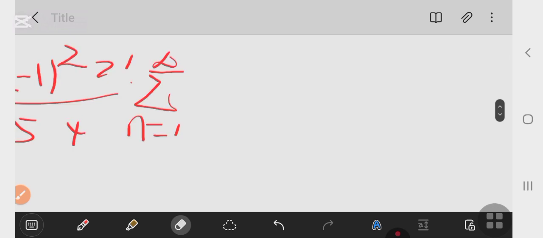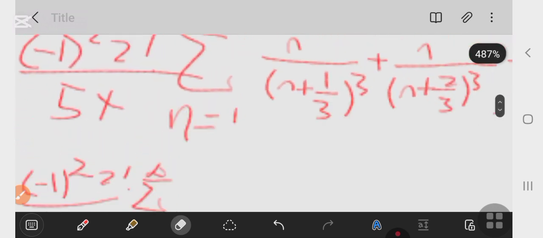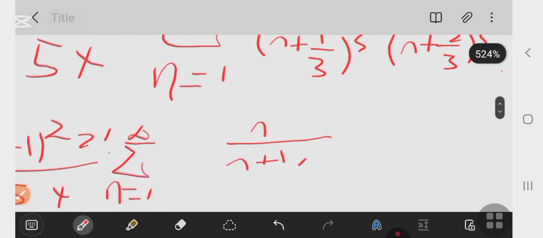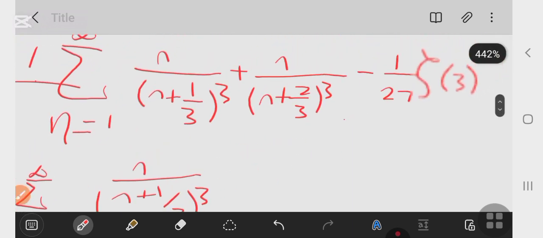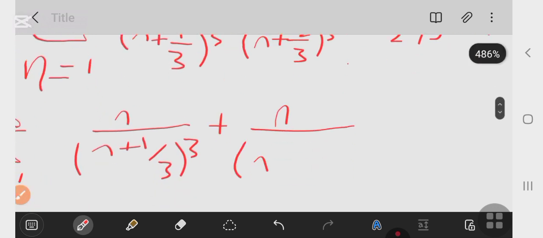Now this sum originally was this here, this expression was n over n plus 1 over 3 cube. Then the other one was n all over n plus 2 over 3 cube.